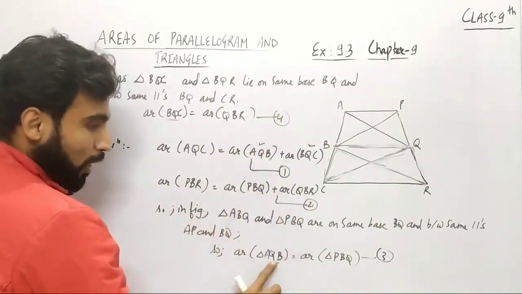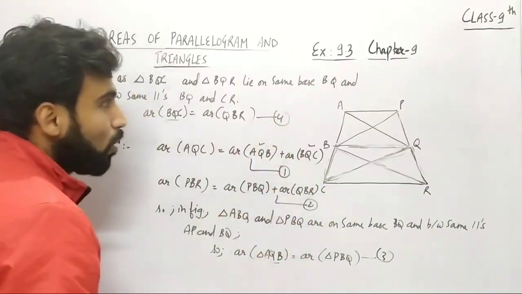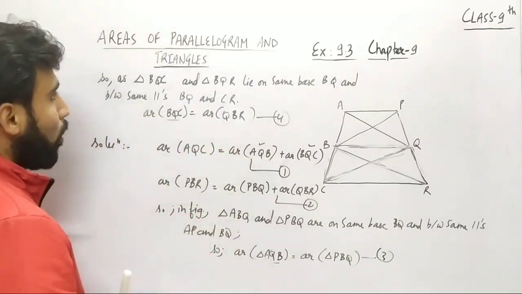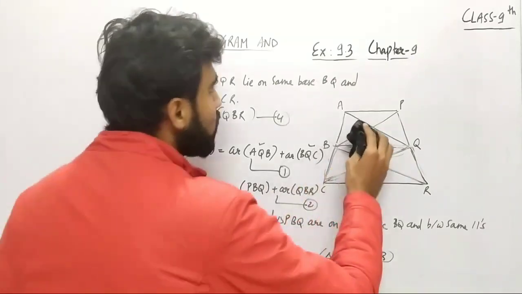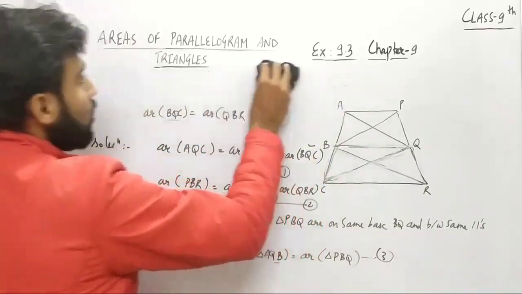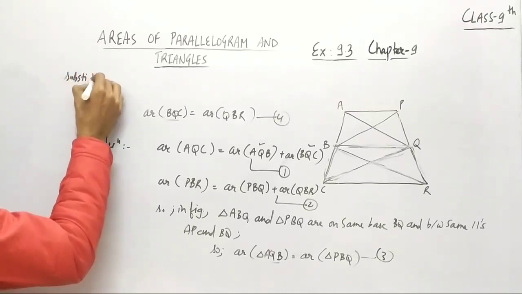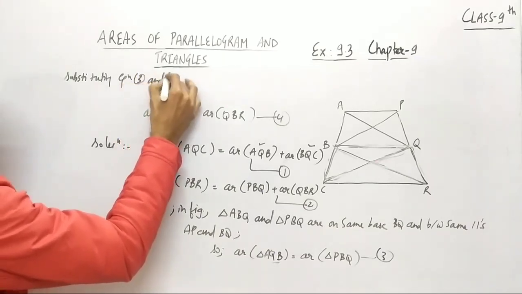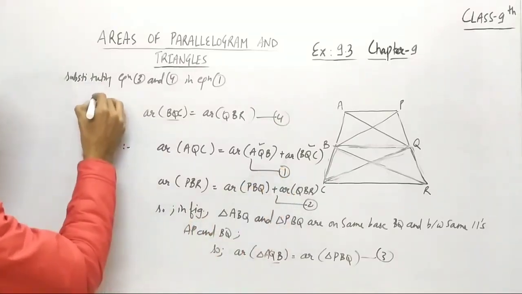So substituting equation number third and fourth in equation number first, right? So let me just make some space here. So what should I erase so that no problem can occur? Let me just rub this upside down here, right? So I am just erasing the upper area. So you will find out then, substituting equation number 3 and 4 in equation number first, that will give you this.